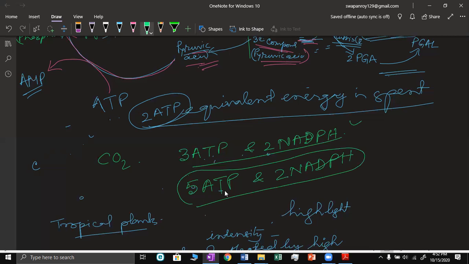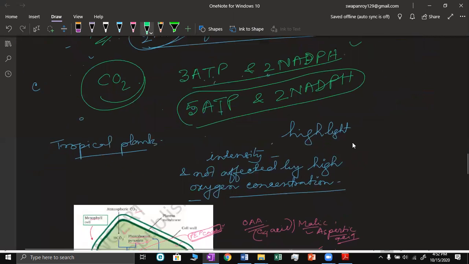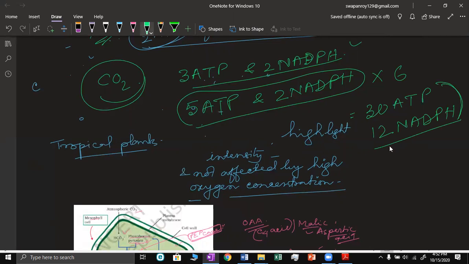And for one molecule of glucose or fructose to be produced, 6 carbon dioxide molecules are to be reduced. So if you multiply this with 6, that is 30 ATP and 12 NADPH required. So production cost has increased here.